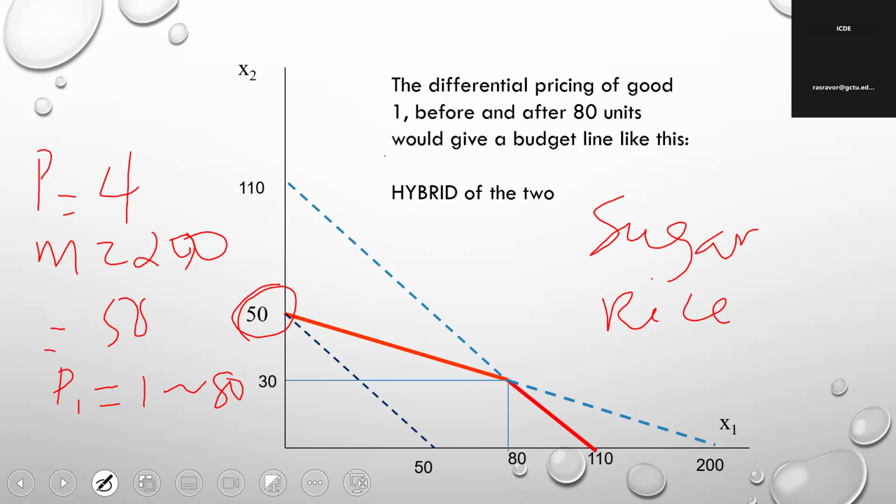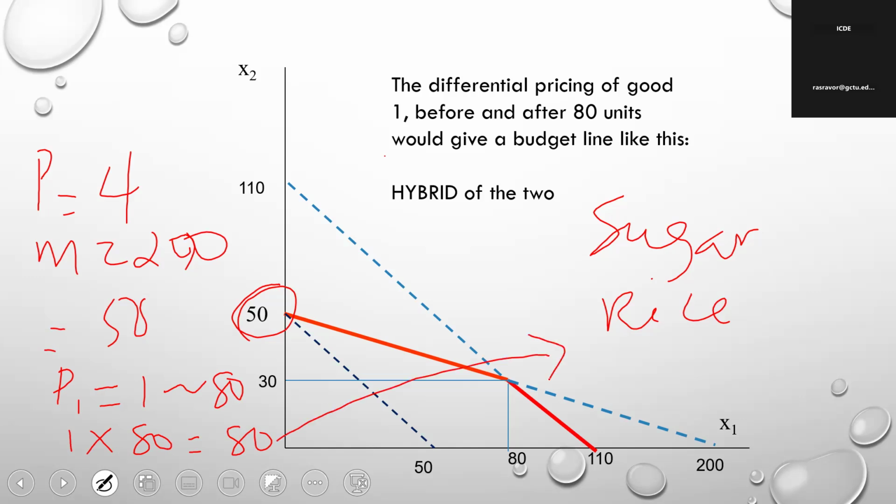So look at it carefully. Let's do a bit of arithmetic, not a complex one. It is 1 times 80, which gives me what? 80 cedis. How much is my income? 200. How much do I have left?